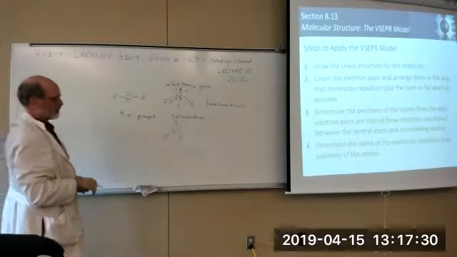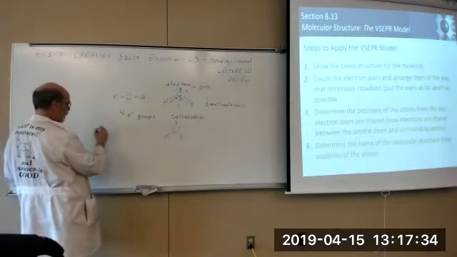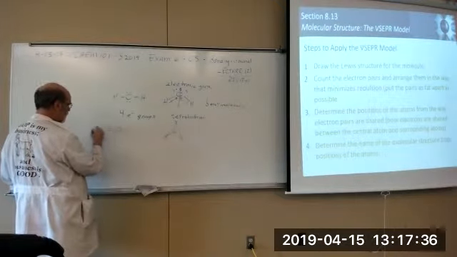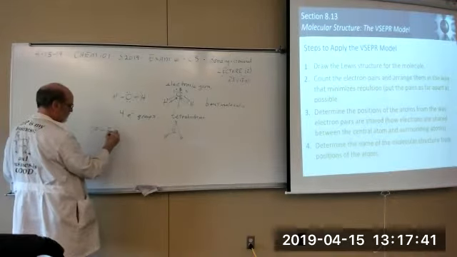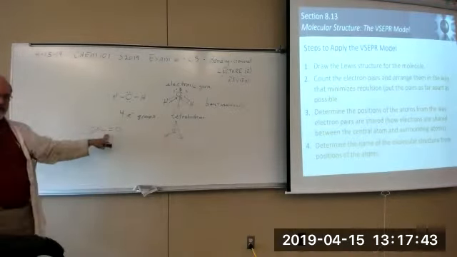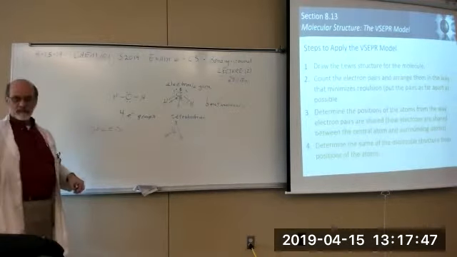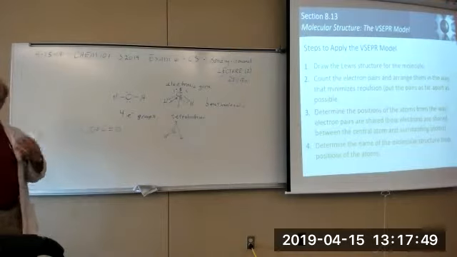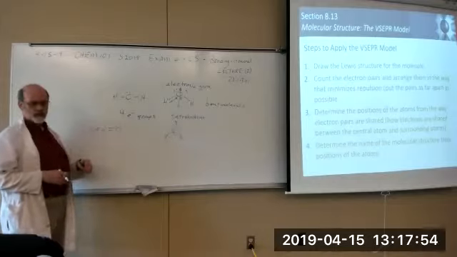Let's take another example. We've already done carbon dioxide. So we have carbon double bonded to oxygen, like that. Carbon's the central atom. How many groups does it have around it? 2. How do you minimize repulsive effects with only 2 electron groups?